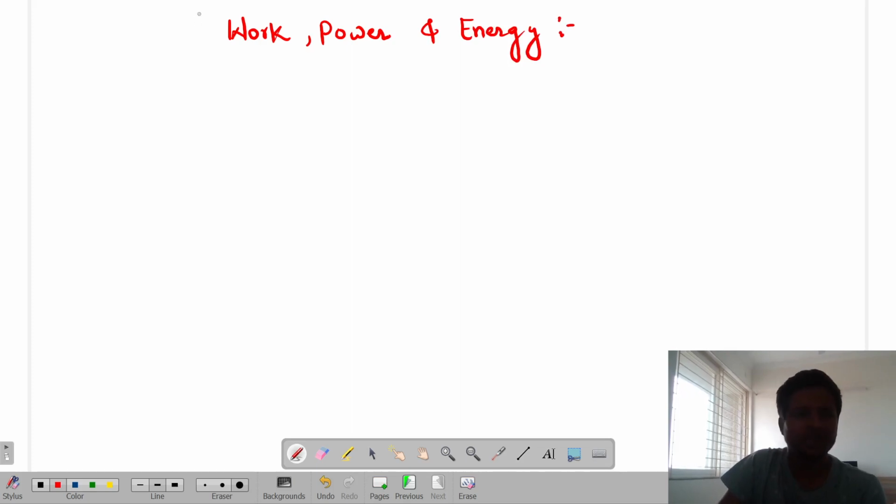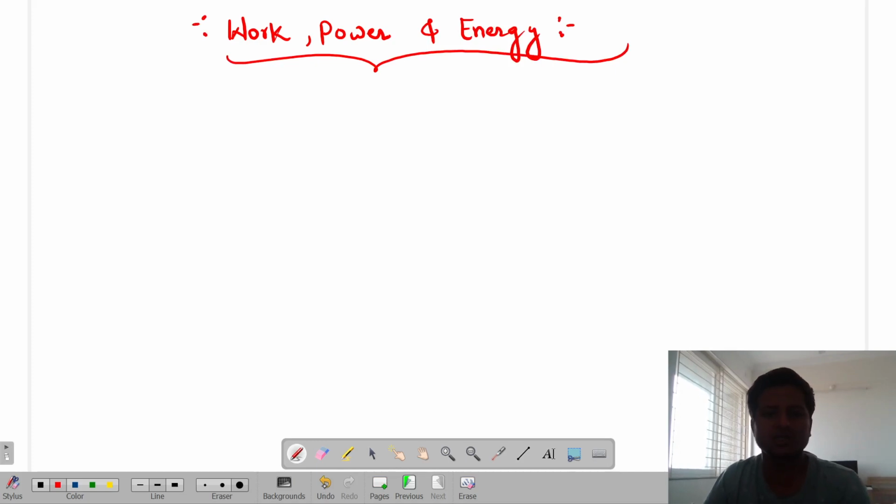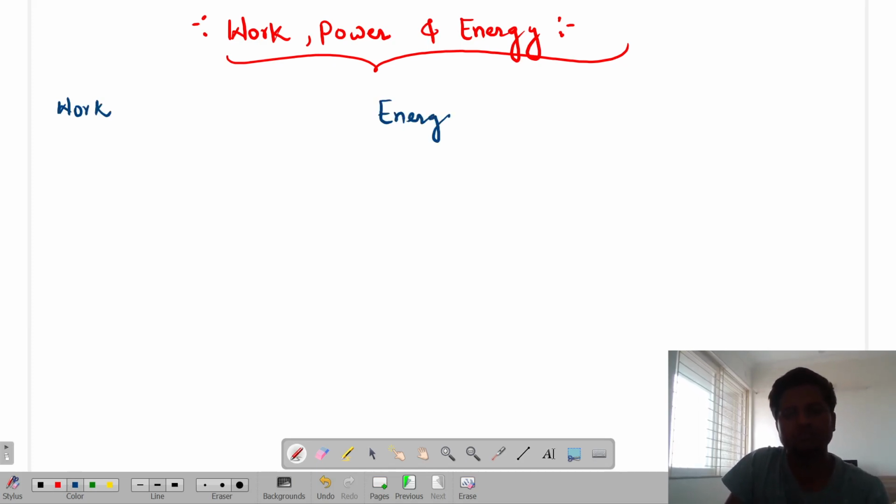We'll try to define this topic first, means we'll try to understand the essence of this topic first. First, we'll define what is work, then we'll define what is energy, and then we will define what is called power. Because all these three terms are interrelated with each other.